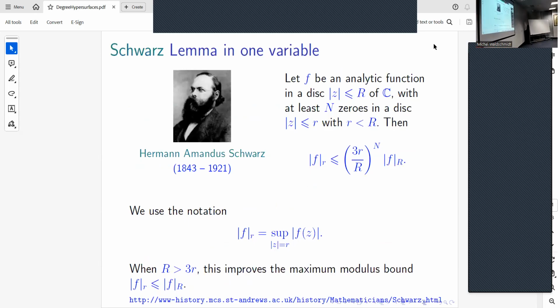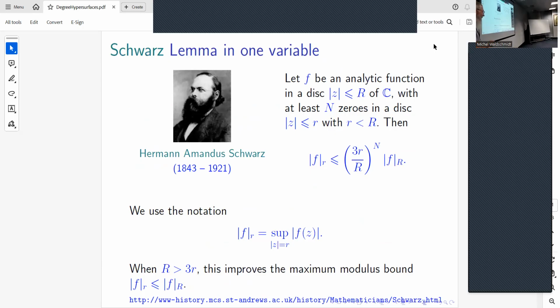It occurs because of the Schwarz lemma. In one variable, the Schwarz lemma tells you that if you have an analytic function with a zero of order at least n0, then the norm on radius r is less than the norm on 3r, so the ratio r over R to the n times the norm on R. You see, this is better than the maximum modulus principle as soon as capital R represents 3r.